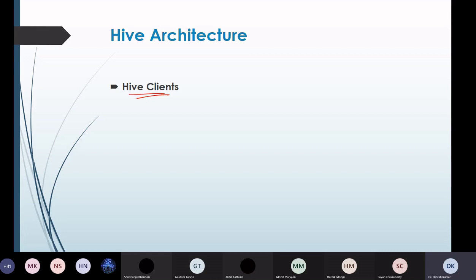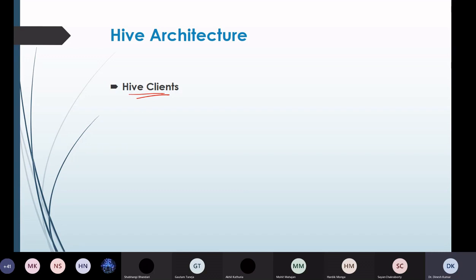Right? Then we have Thrift kind of clients, where Thrift is basically a protocol for applications which were developed in different programming languages to communicate. Right? So Thrift server sits in the Hive services layer, and this is the one which receives the requests or Hive queries from the Thrift client.